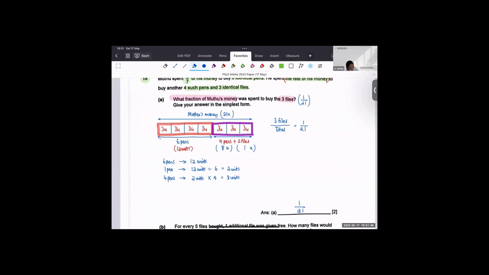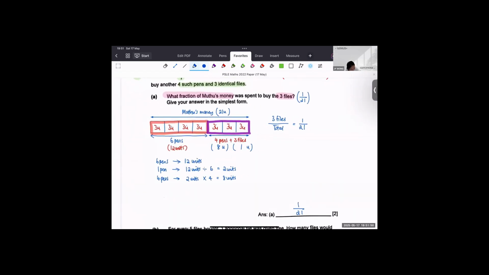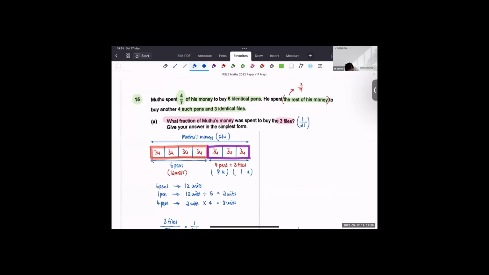For those who did not do it by model, let me show you. Some of you will be like, oh, I don't want to make it common multiple. 4 units is 6 pens. 1 pen will be 4 divided by 6 units. So I will rewrite this. I will put my 6 pens on the left hand side. 6 pens is 4 units.